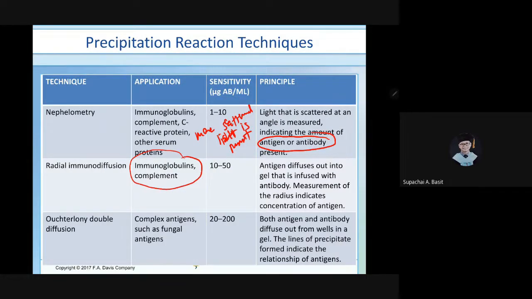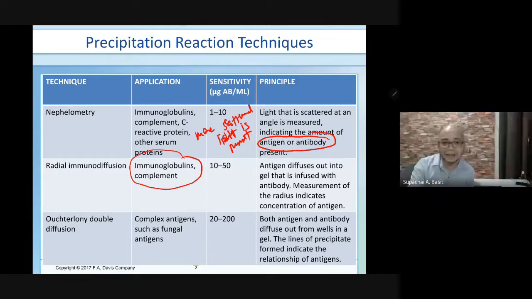Okay, so let's talk about the Ouchterlony. Ouchterlony is also known as the double diffusion. It is applicable for complex antigens such as fungal antigens, and its sensitivity is around 200 microgram of antibody per ml.